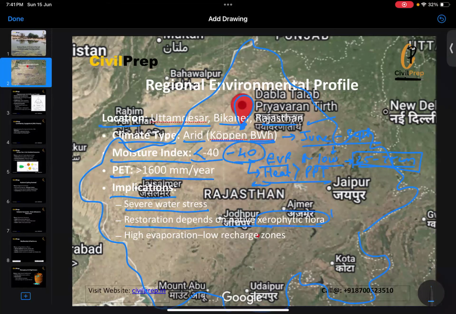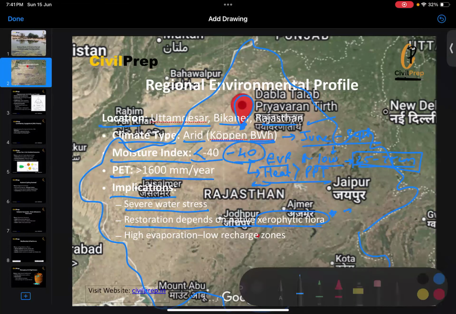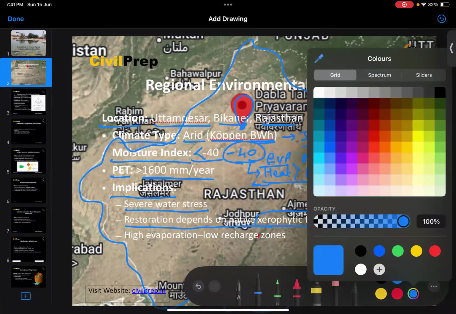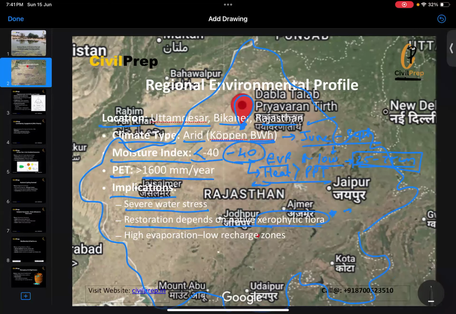Now this is also an important part here, that whatever plants are present here, these plants are xerophytic in nature.